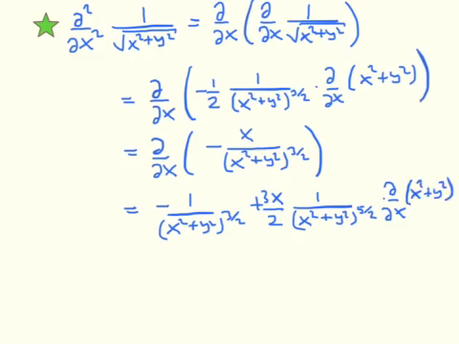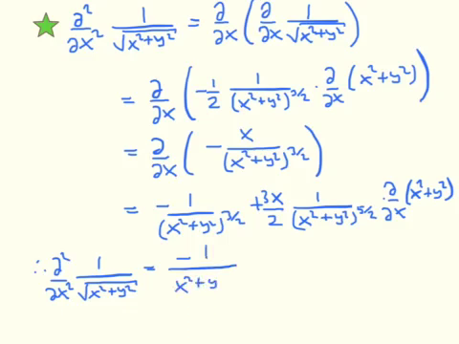And just as before, this is going to give us a factor of 2x, and the 2 and the 2 here will cancel. So what we have, therefore, is that the second derivative with respect to x of 1 over the square root of x squared plus y squared is going to be minus 1 over x squared plus y squared to the 3 halves, plus 3, and we have an x here, but we also got an x from here.